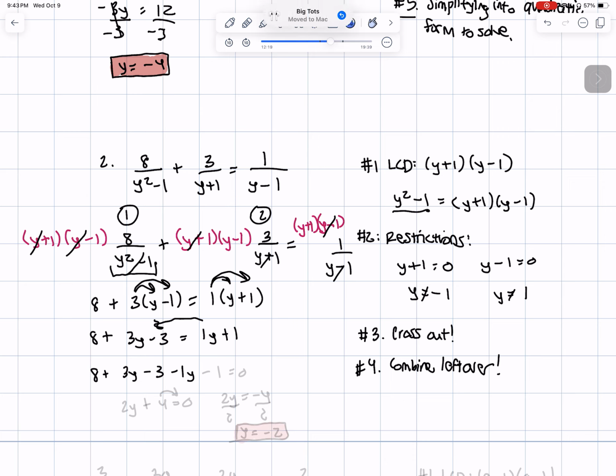Remember, when you move to the other side, you change the signs of everything. Let's see, I'm going to combine the y's first. So I have 3y minus 1y, we get 2y. And then we have 8 minus 3 minus 1, we get 4. So plus 4 equals 0.